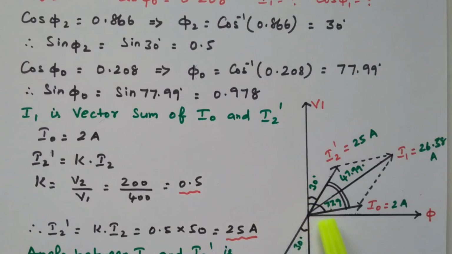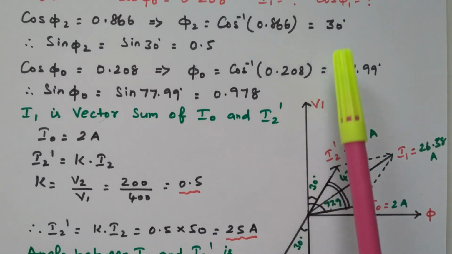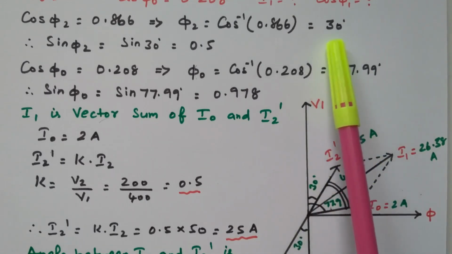Now we'll see, this is the I naught value, no load current, that is given as 2 ampere. It is drawn at an angle of 77.99 degree by using this phi naught, and I2 dash is given as 25 ampere. So this angle is 30 degree by using this phi 2 value.